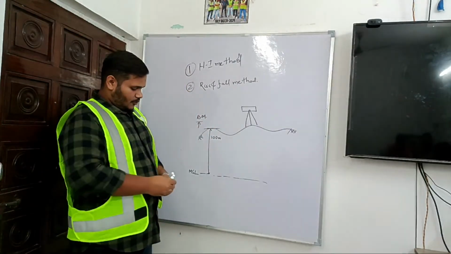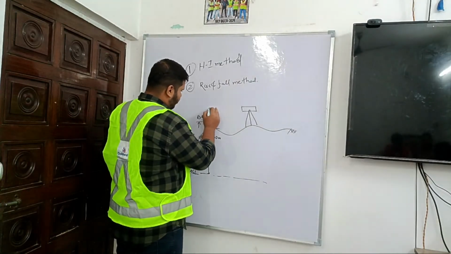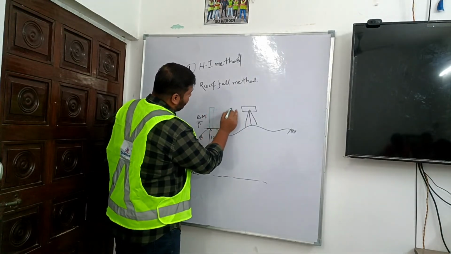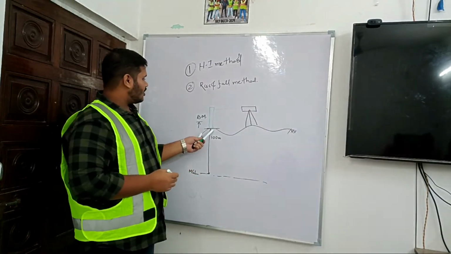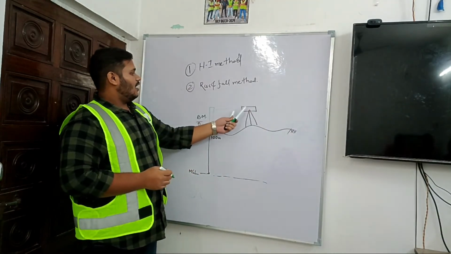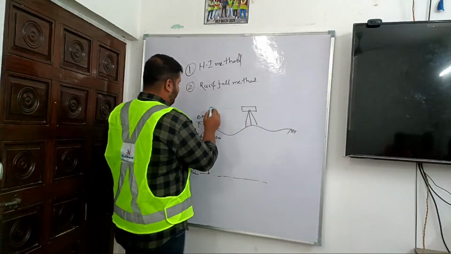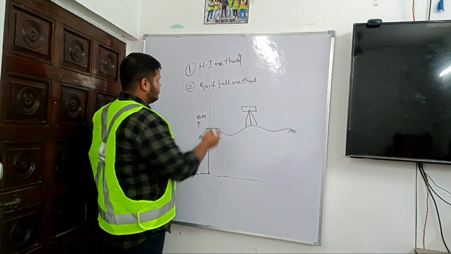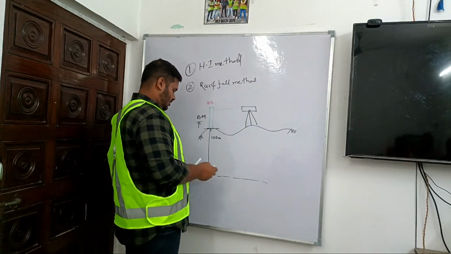Now I will put my staff, which is the leveling staff, on the benchmark point and see the reading, which will tell me the height of instrument. First we take the reading, and we consider the first point as backside, which is BS.